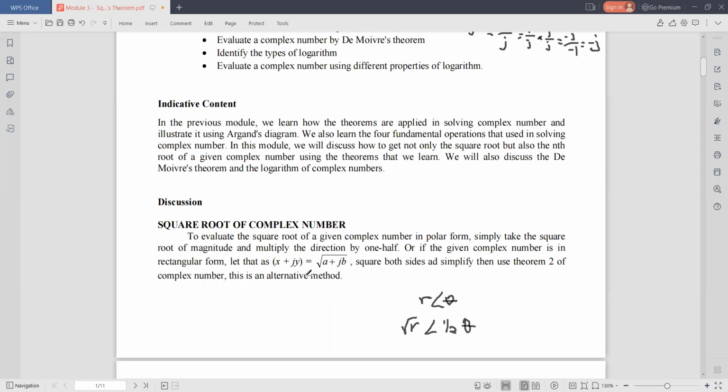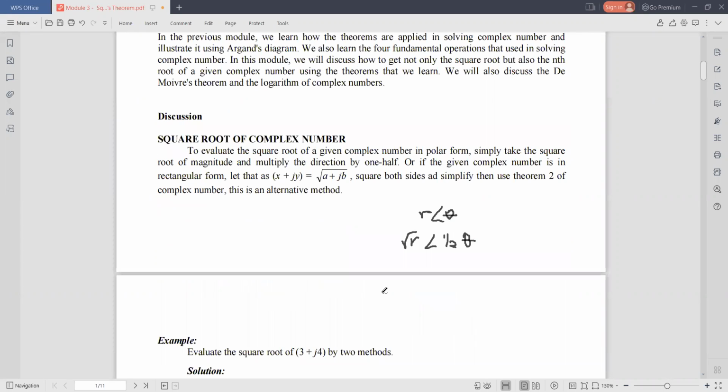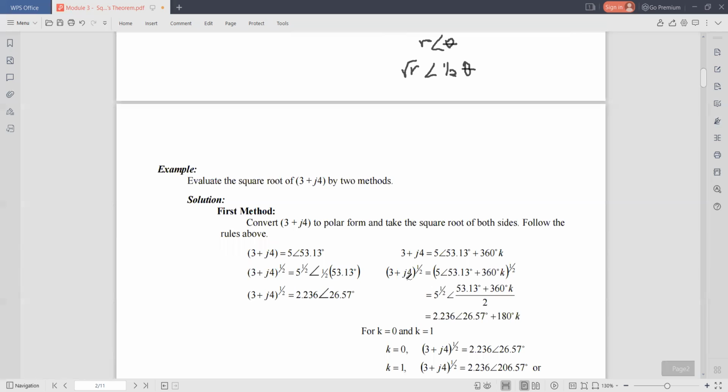Medyo ano ni siya, ang second method natin, if hindi ka kabalo mag-convert, di ba? Or you forgot how to convert from rectangular to polar, then this is the alternative method, right? So let's take some examples. So here, for example, evaluate the square root of 3 plus j4 by 2 methods.